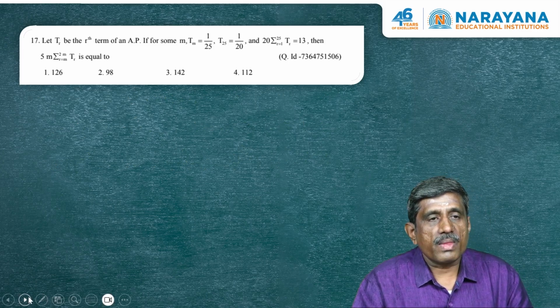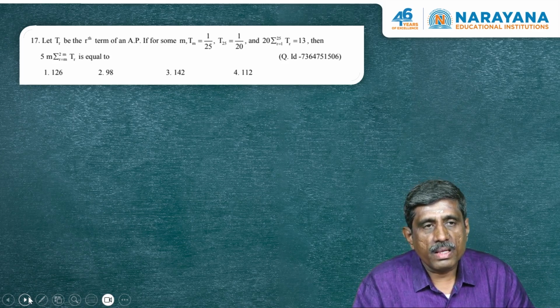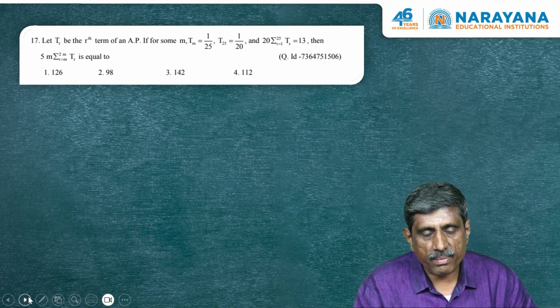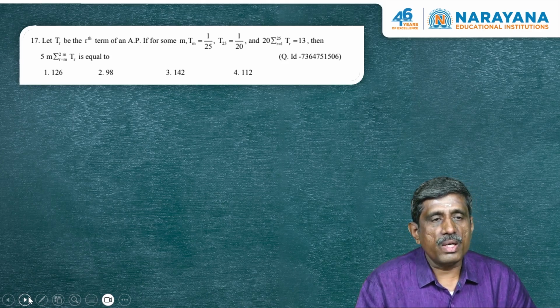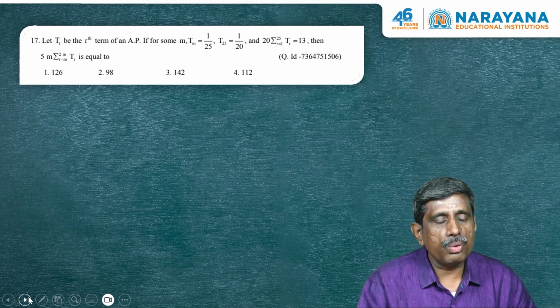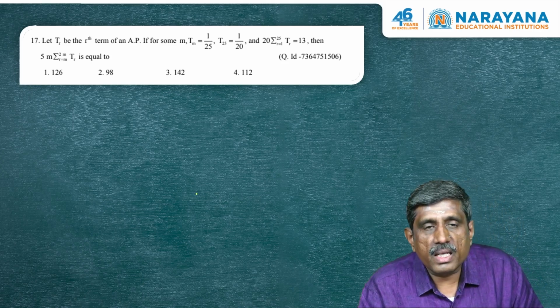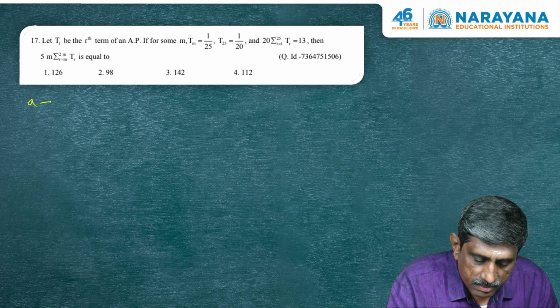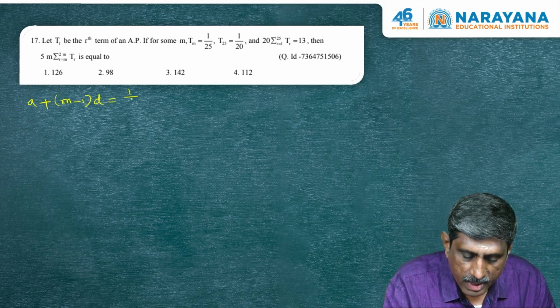Let Tr be the rth term of an AP. If for some m, Tm, I mean the mth term, is 1 by 25, T25 is 1 by 20, and 20 times sigma r is equal to 1 to 25, that is S25, is 13, then what is the value of 5 times of m into sigma r is equal to m to 2m Tr? So, let us solve this now. Given that Tm, which is a plus m minus 1 into d, is 1 by 25.